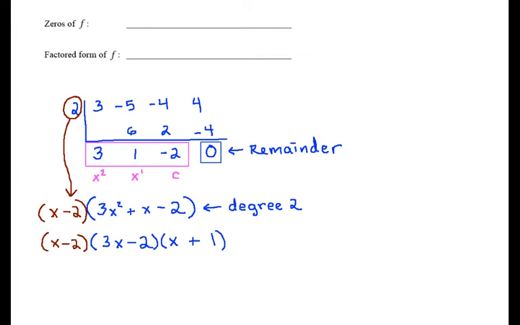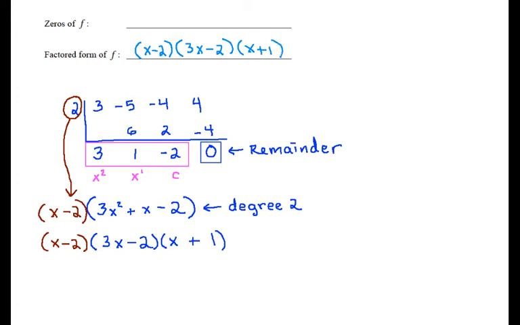Now I have the factored form of this polynomial, which I can go ahead and write under factored form of f. x minus 2, 3x minus 2, and x plus 1.